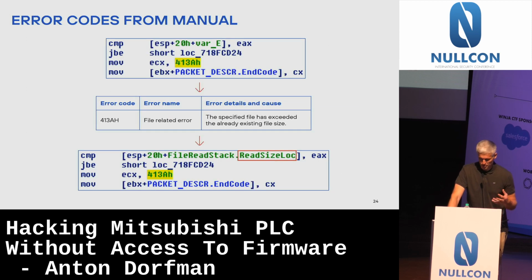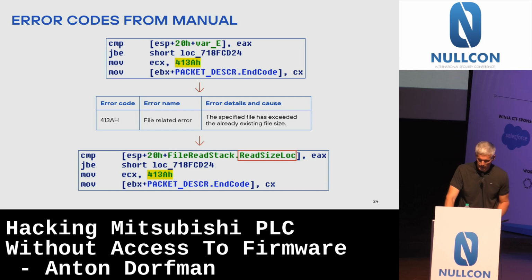And after this, there is one more case, how some error codes help. We can see at the top some code and some variable compared with the EAX register, and if it's less or equal, it jumps to some label.